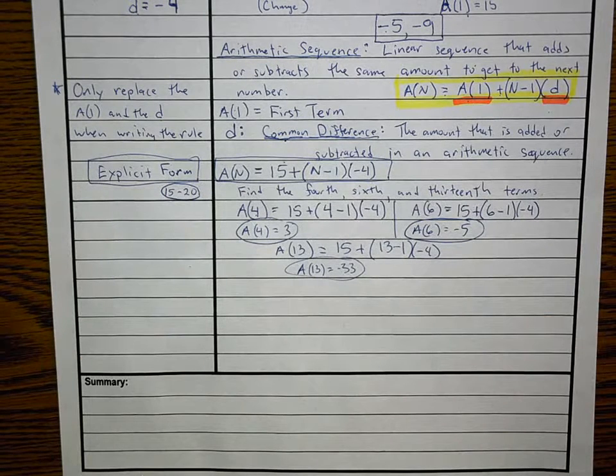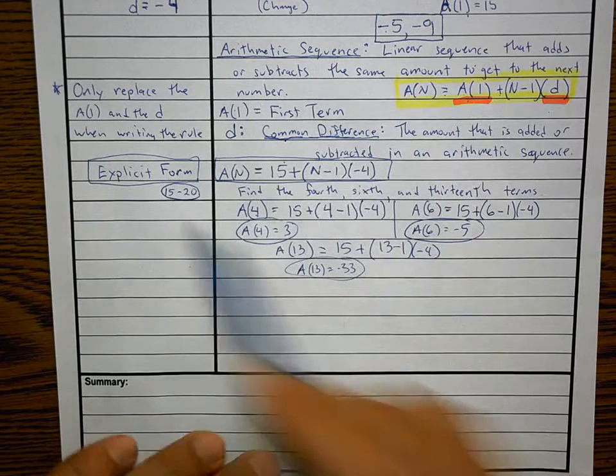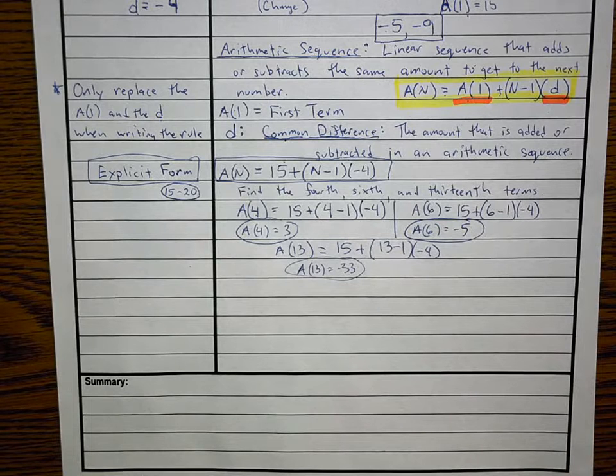Almost there, almost there. We have to know if that's the explicit form, there's got to be another form as well. There's something called the recursive form as well. Let's write out what the recursive formula is.